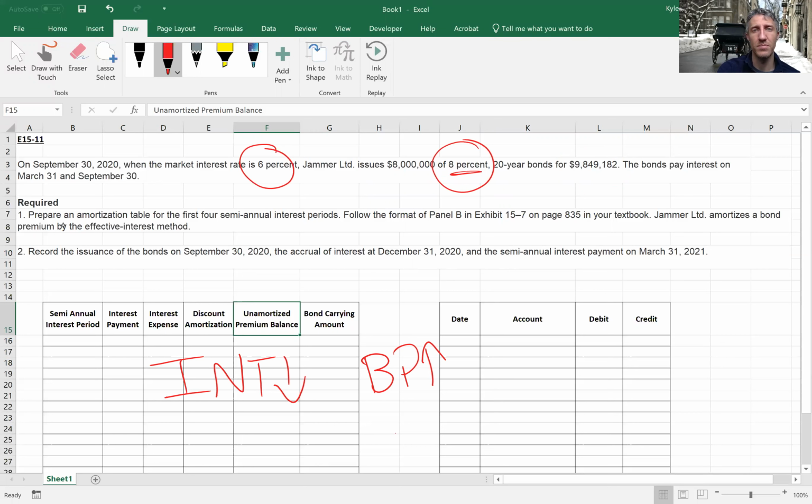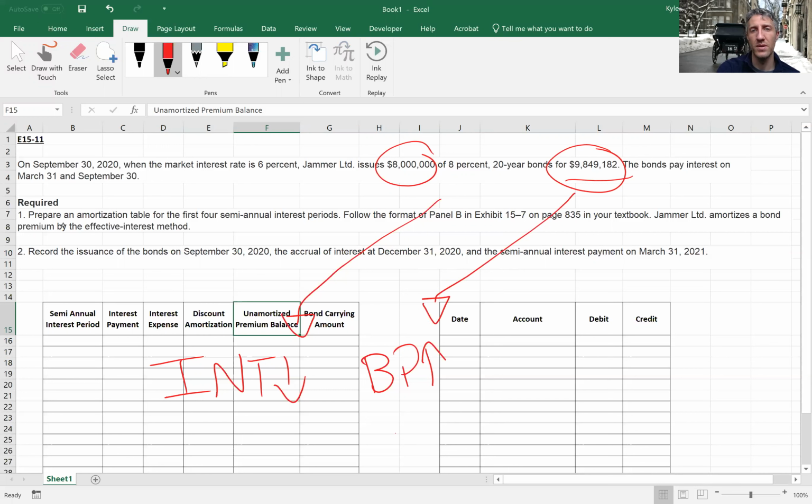So since this bond was created and issued, the market rate dropped, so market rate decreased. And the bond was issued, it has a face value of 8 million, but issued at a price of 9 million, which means that the bond price went up. So remember, there's always an inverse relationship between the market interest rate and bond prices. Interest rates go down, bond prices are going to go up. That's important for us to remember.